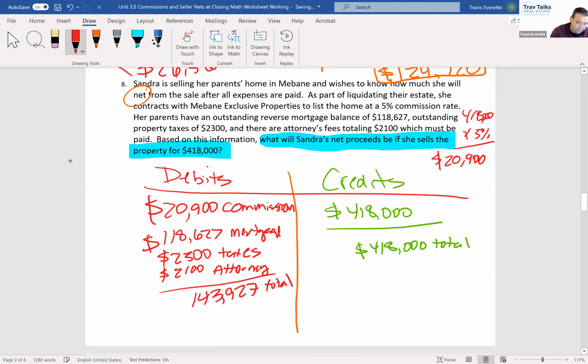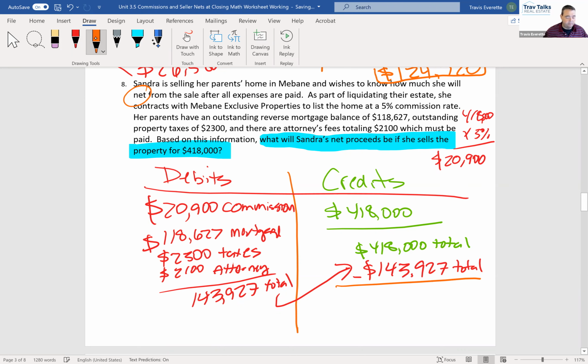I'm going to check my math again. Okay, 20,900 plus 118,627 plus 2,300 plus 2,100, 143,927. Again, total debits subtracted from total credits will give us the net on the transaction.